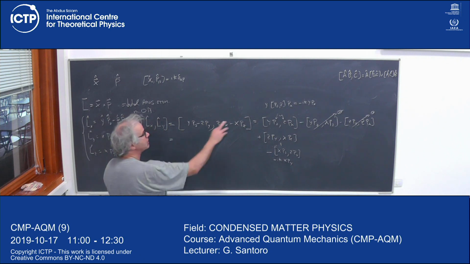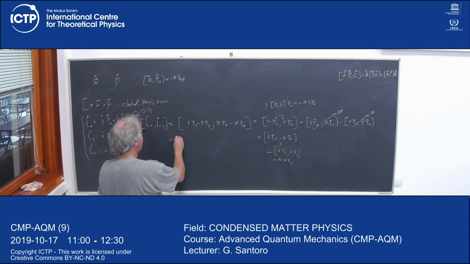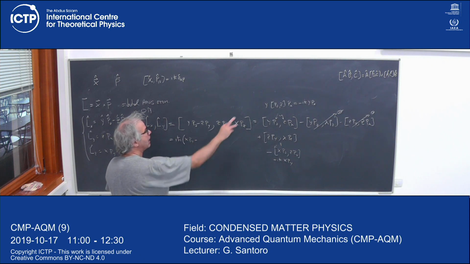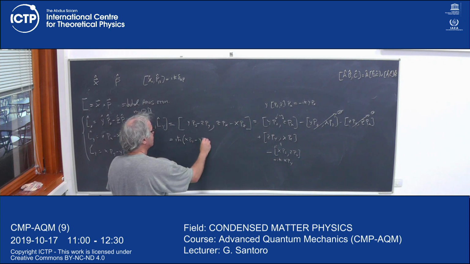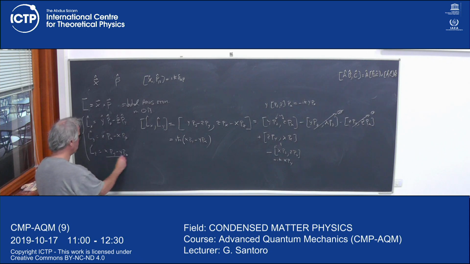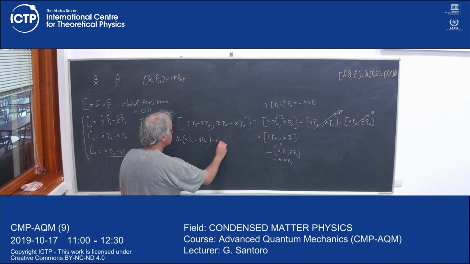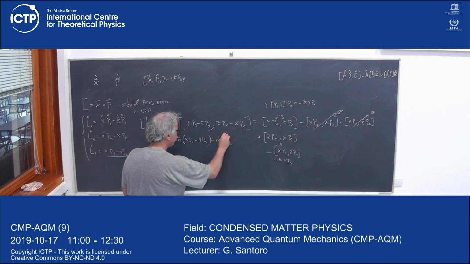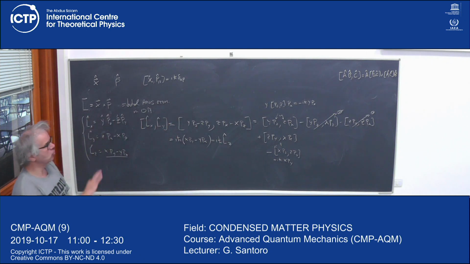So the result of this commutator in the end is i h bar, we'll put it in front, x py minus y px. Okay? And then you stare at this object and you discover this is Lz. Okay? So the result is i h bar Lz. And this is true in cyclic order for the others.